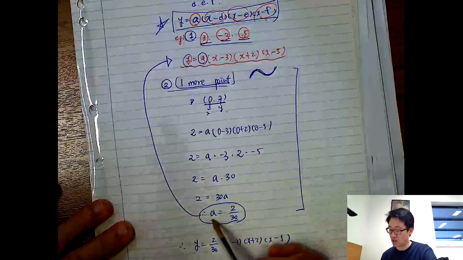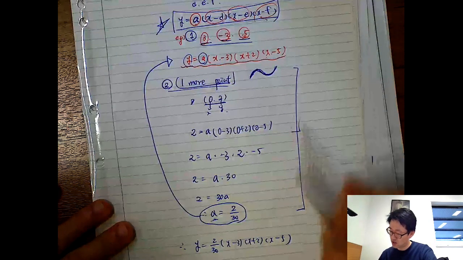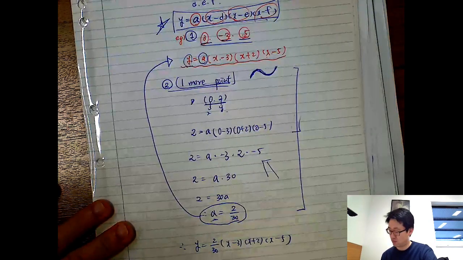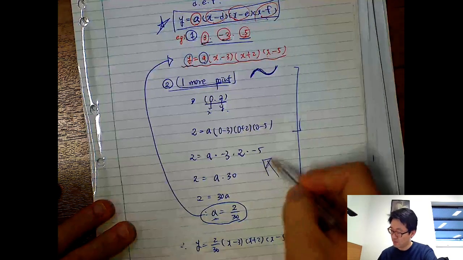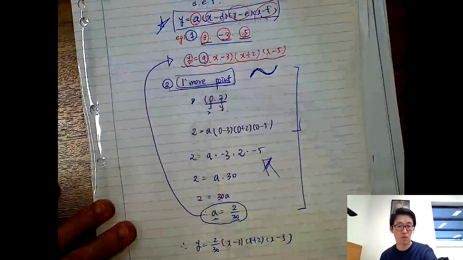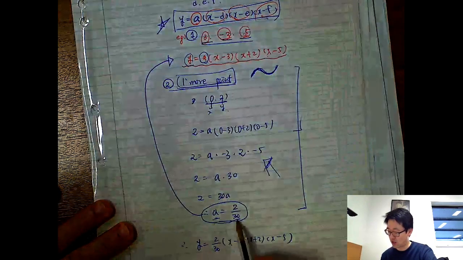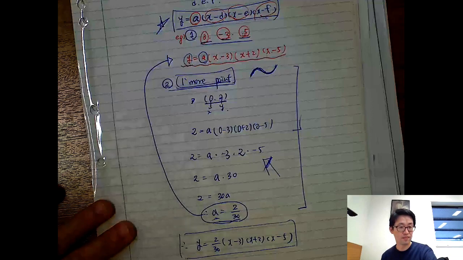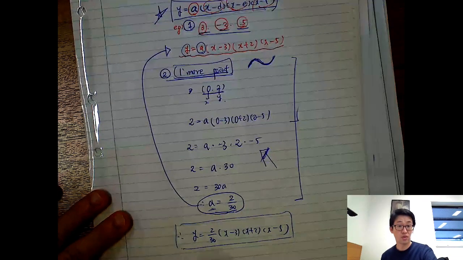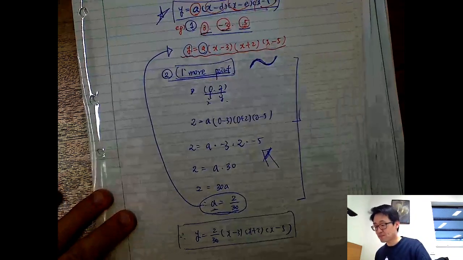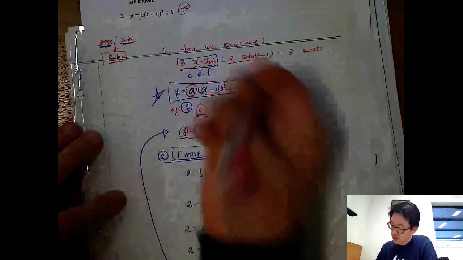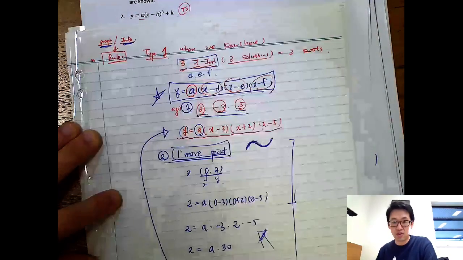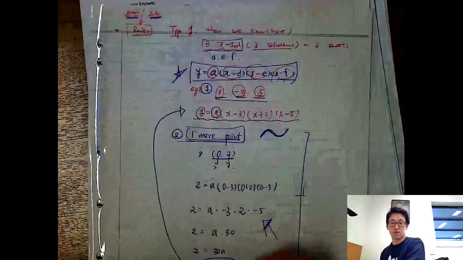And then to get a, you plug in x and y from one more point. Then you will get a, and then you're able to write down the full equation. So you all good? Okay. So I covered the first type, type 1. And now go to the second one.